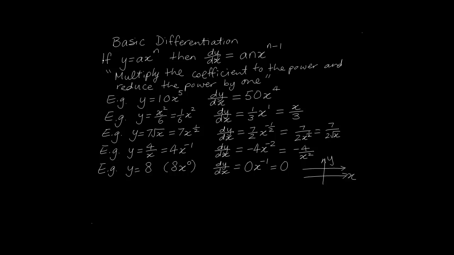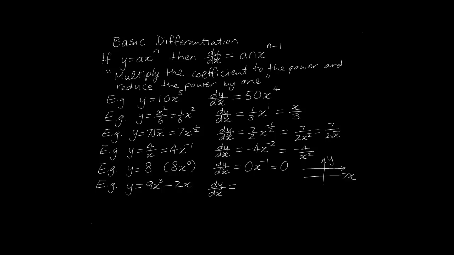Now let's have a look at a variation on this type of function. Suppose we have y equals 9x cubed minus 2x. Notice that we've got two terms here. To find the derivative, very simply, we differentiate each of those terms individually.